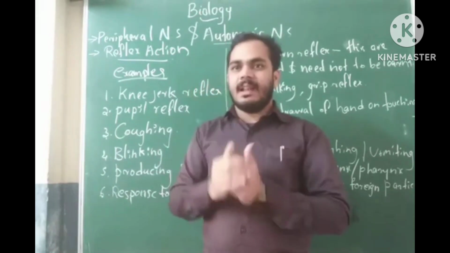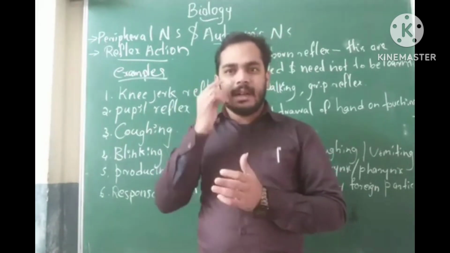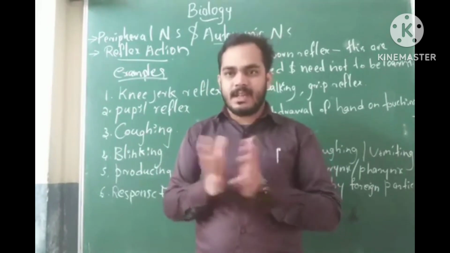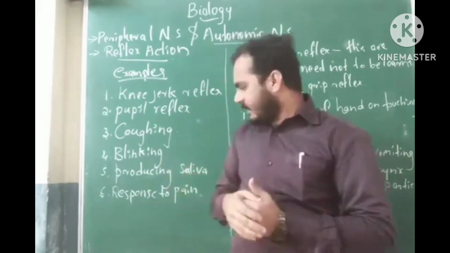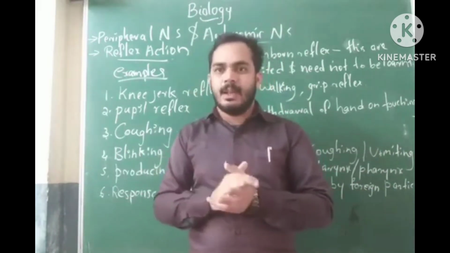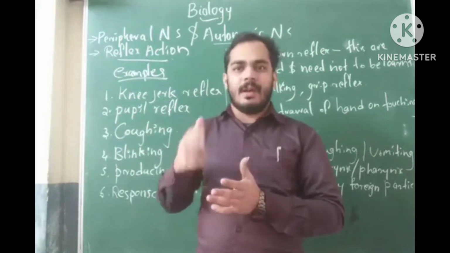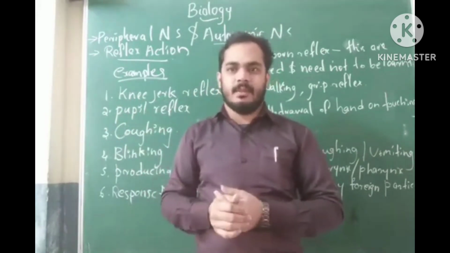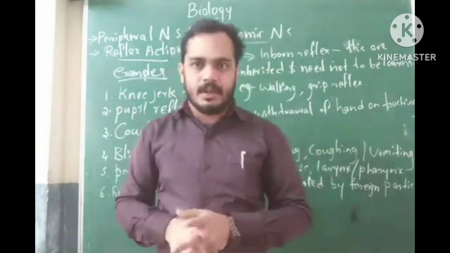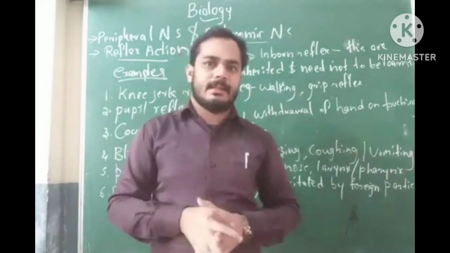Otherwise, when heavy light is passing towards our eye, as a result our pupil becomes activated, and the response to the pain. Suddenly we face the pain, we withdraw the hand or the part of the body away from that object. So it is also an example of reflex action. Okay, reflex action means an automatic response to the stimulus.